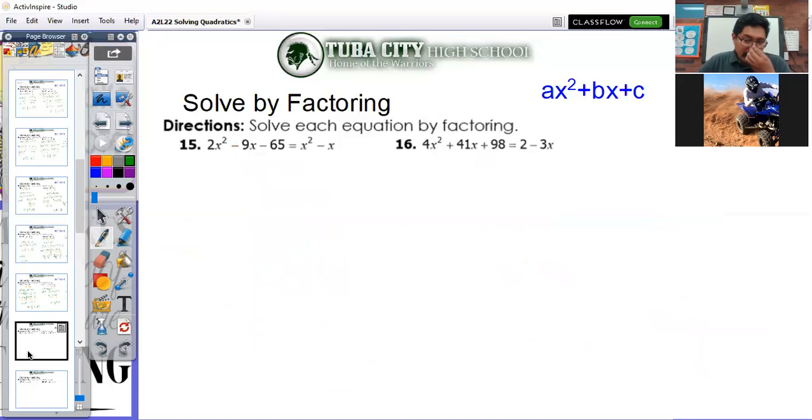Moving on. Okay, so, boy, another one where we have to do a little bit of moving stuff around first. So I'm going to go ahead and minus x squared from both of these. And I'm going to keep things a little bit consistent. So add x, add x.